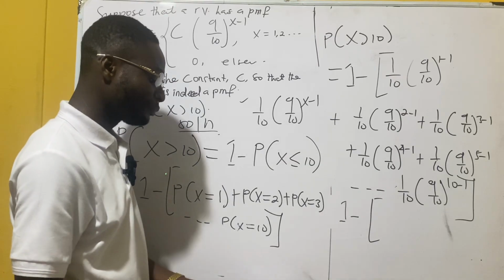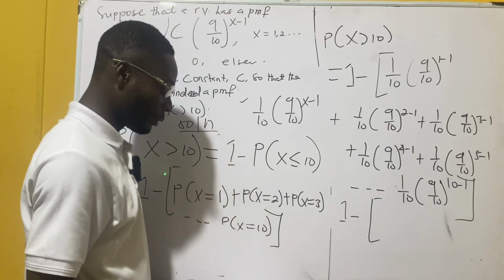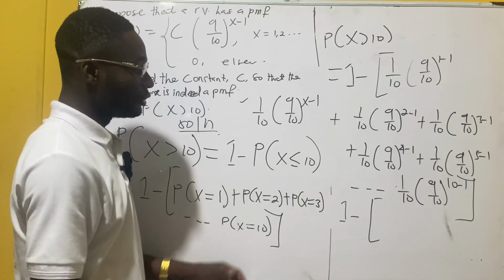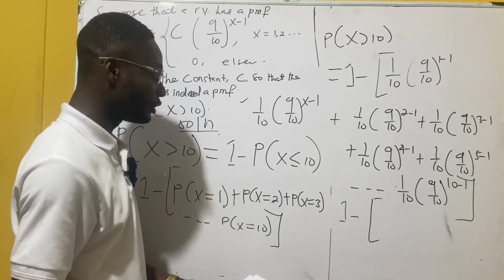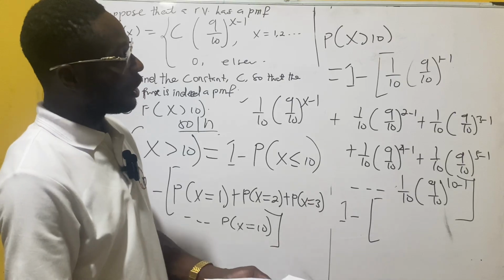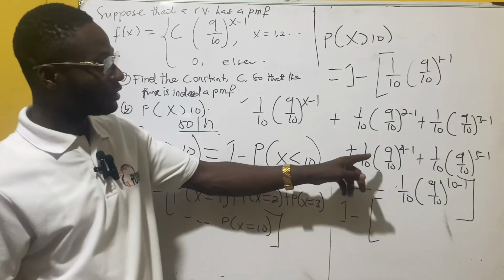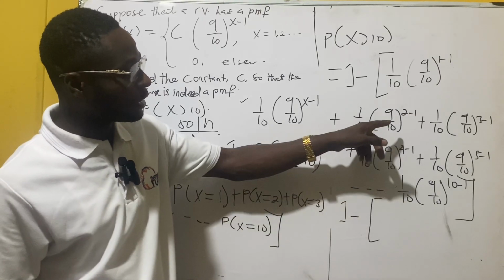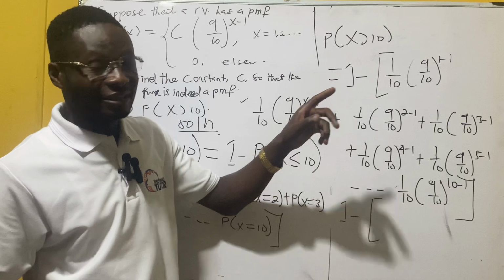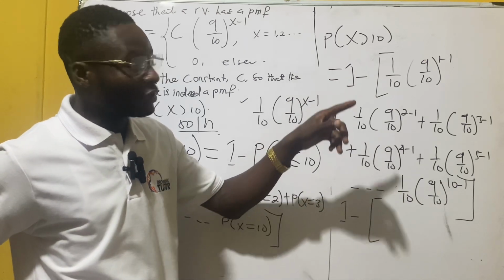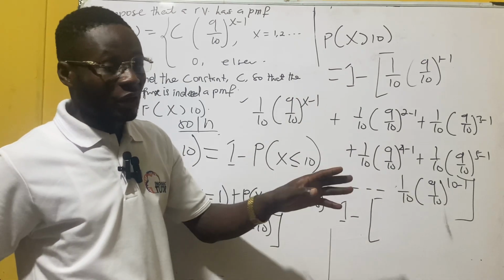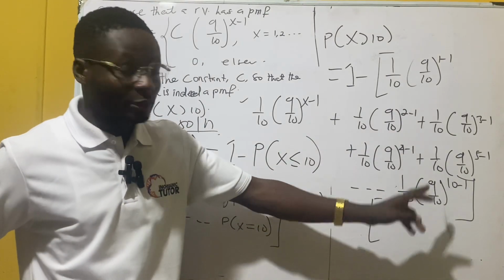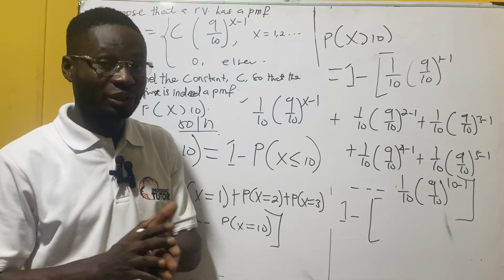So when you do the calculations, we are going to have 1 on 10 into 9 on 10 exponent 1 minus 1, and that is 1 on 10 into 9 on 10 exponent 0, which is basically 1. It continues up to exponent 9. So for this one we have to use the geometric sum.